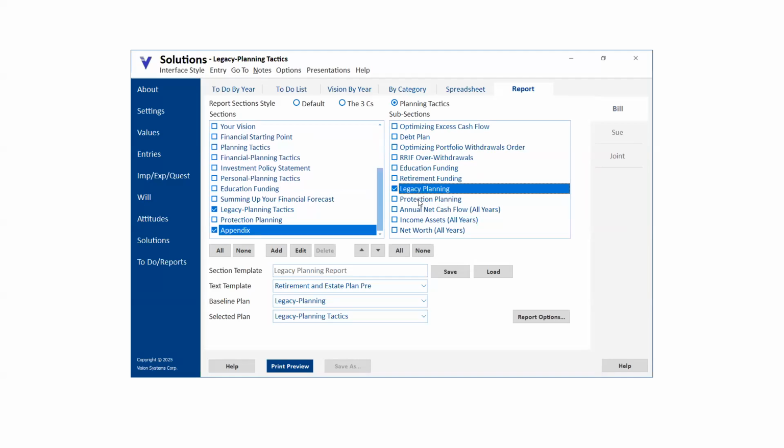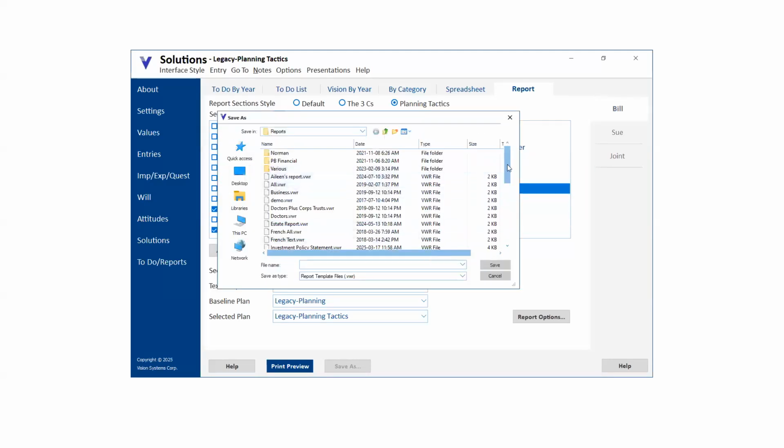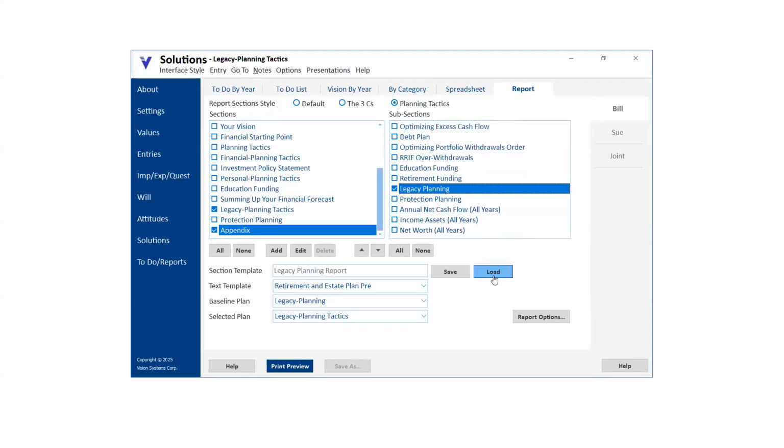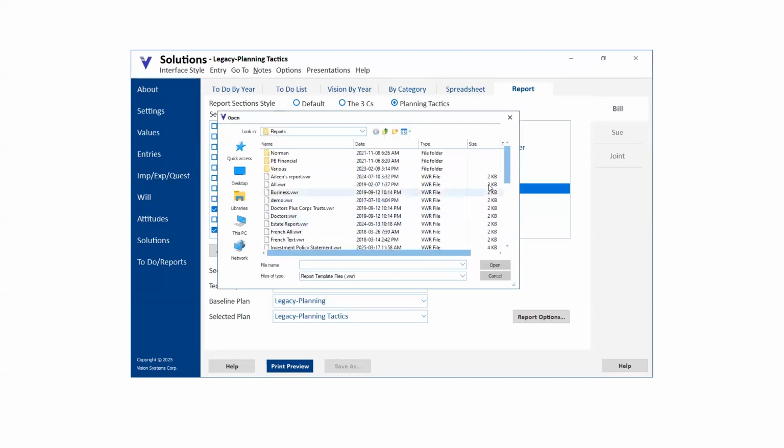output. So I have selected those, and then what I did was I saved them as a legacy planning report. So when I want to focus just on producing output for legacy planning, all I have to do is click the load button, select the legacy planning report, and then I have the content that I want.